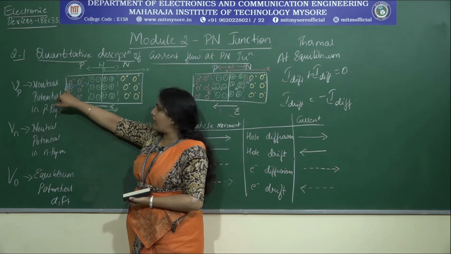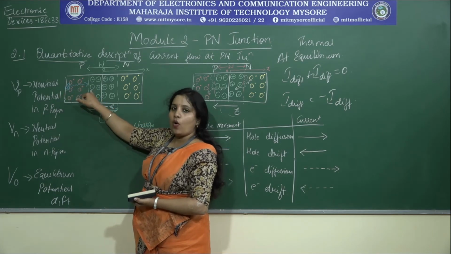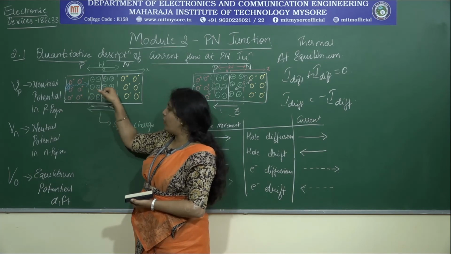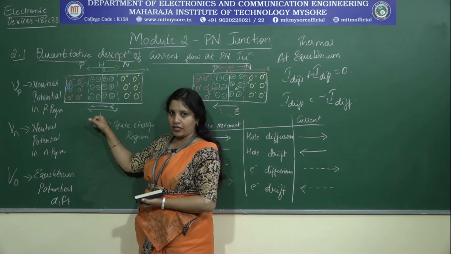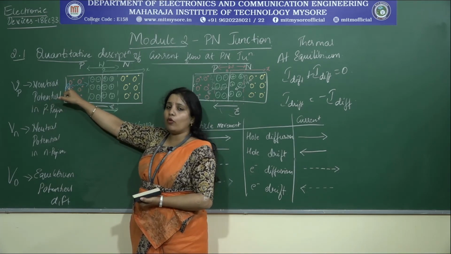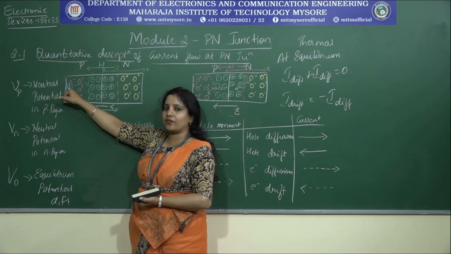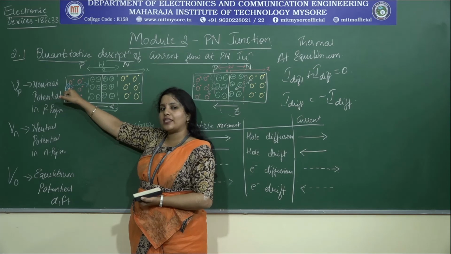Now, when this plus 1 Coulomb charge comes under the influence of the electric field, what is happening? The way in which it was moving is now disturbed by the electric field which is present. As a result, it gets slowed down. The motion of this 1 Coulomb charge gets affected and it gets slowed down. If it gets slowed down, what does it indicate?